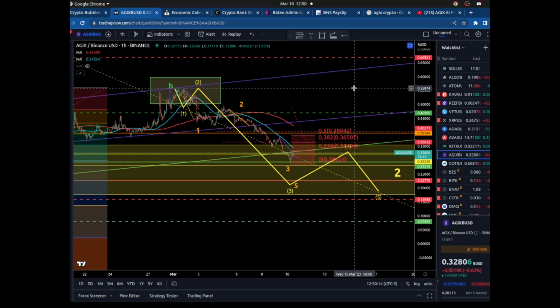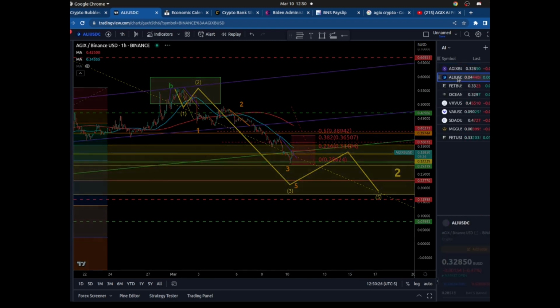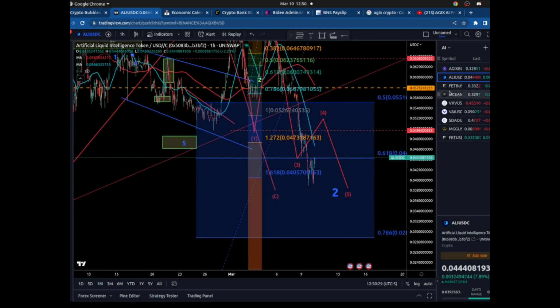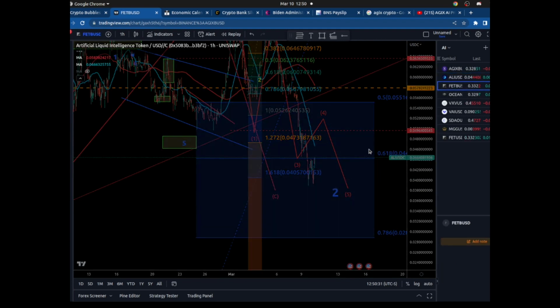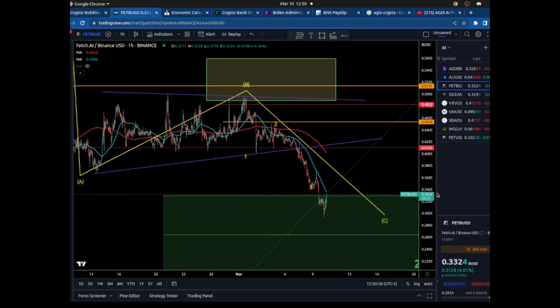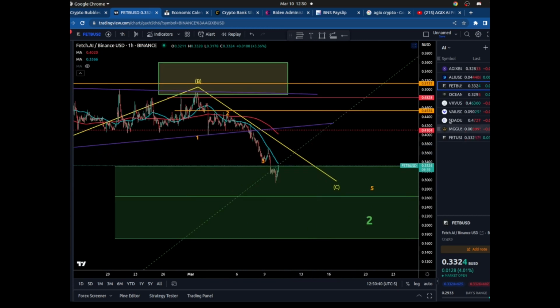At least I can say that agiX has a much better chart than the other AI coins, I believe, because I think Ali still has some room, so that's okay. Fetch, I think this morning I saw one and it was kind of bad, or maybe it was just too early for me.